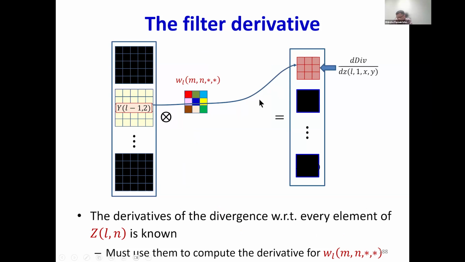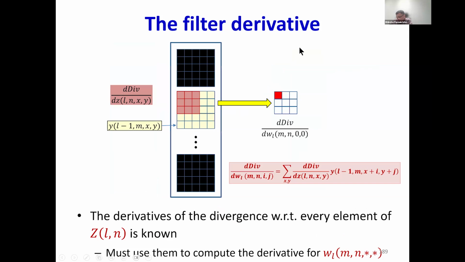And here's how you would do it. You literally just convolve the derivative map for the output channel with the original input channel. And this convolution will give you the derivatives of the divergence with respect to that corresponding channel of the filter. That makes sense?